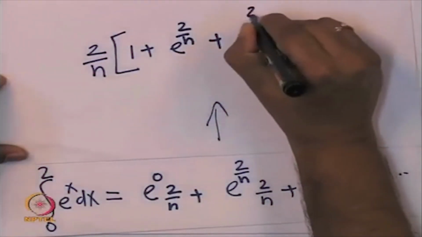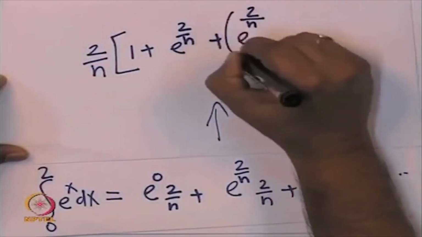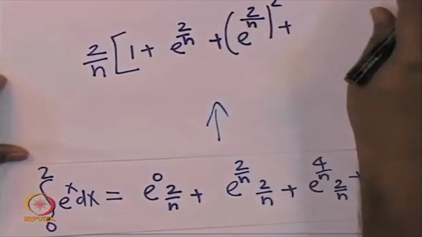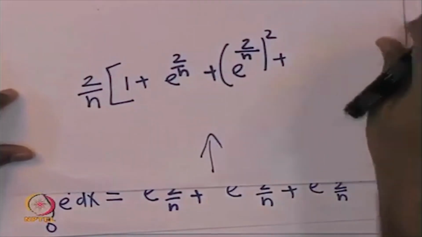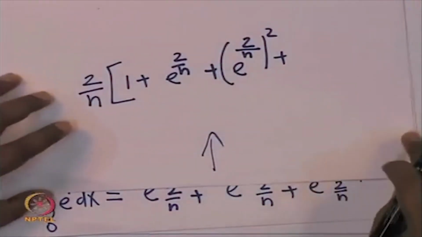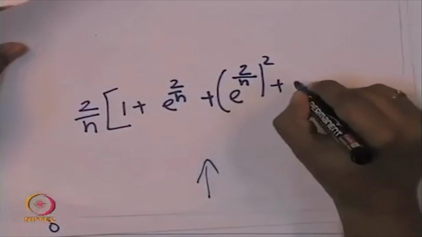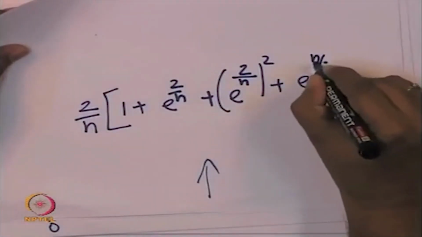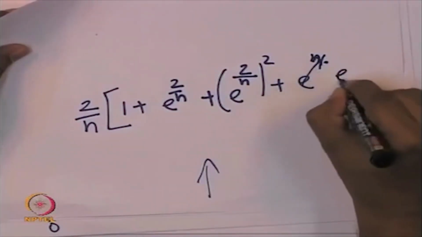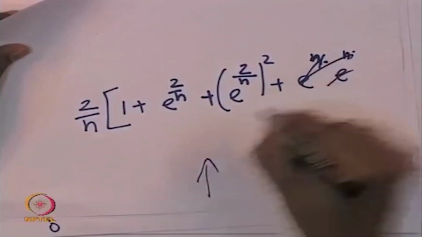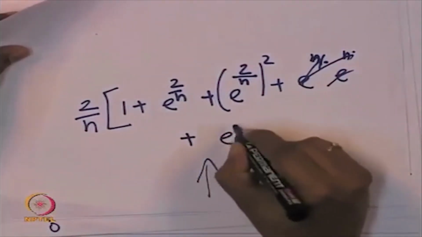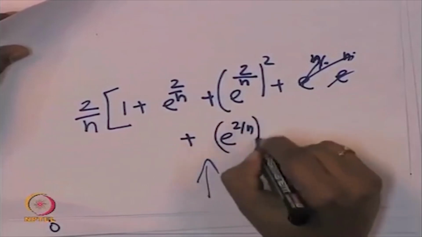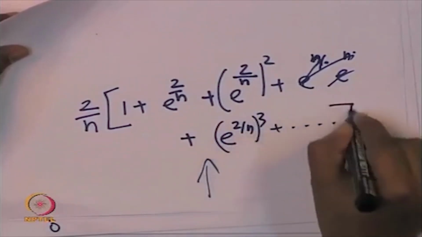So, let me write it as e power 2 by n whole square. The next term is going to be e power 6 by n, which is e power 2 by n whole cube, plus dot dot dot.